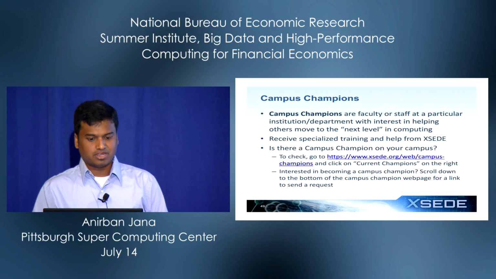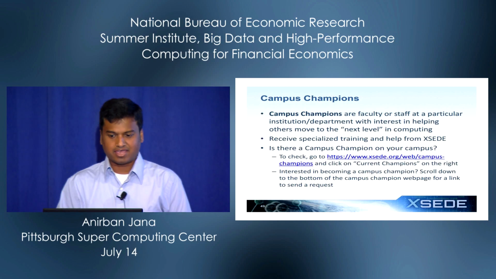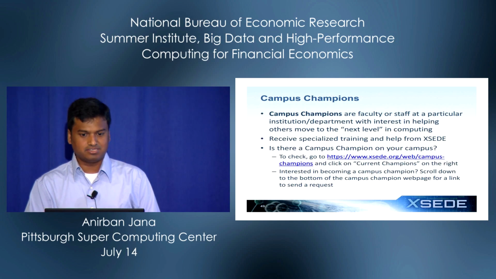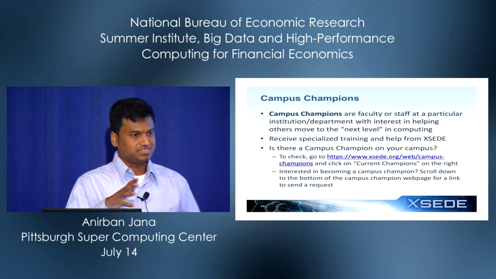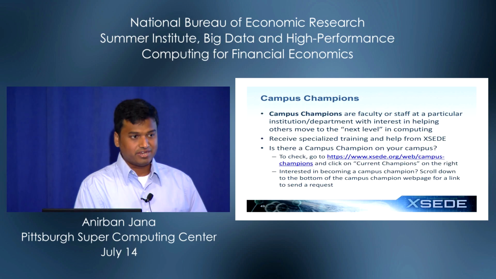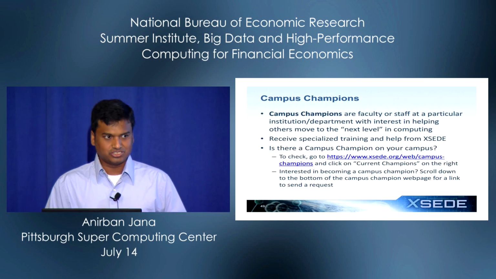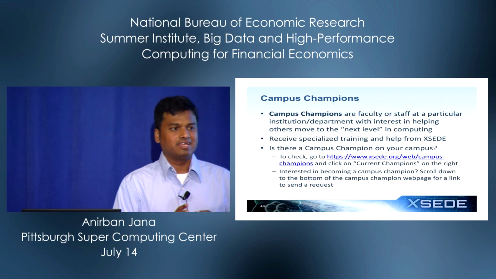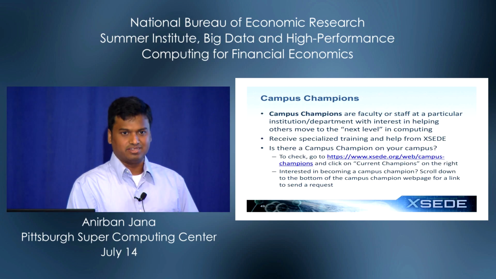Finally, there's something called campus champions. They are faculty or staff at a particular institution, for example, with an interest in helping others in that institution start using Exceed resources. They receive specialized training from us at Exceed, and then they can transfer that knowledge to others in the institution.